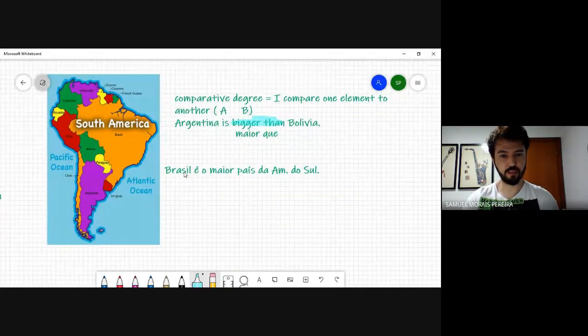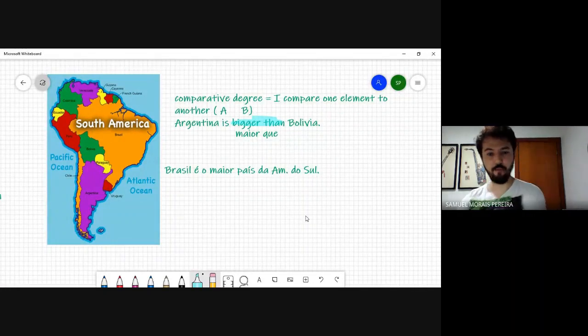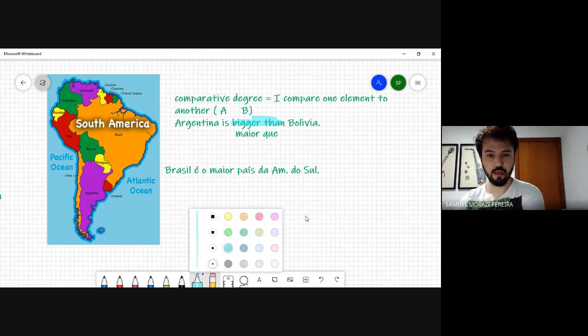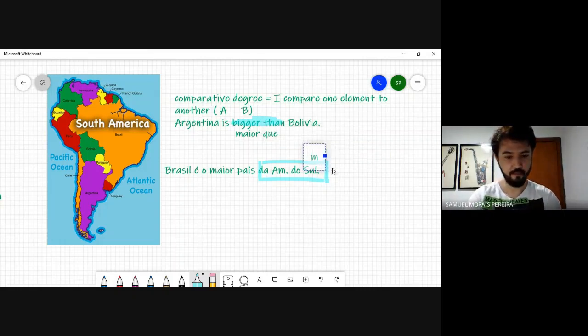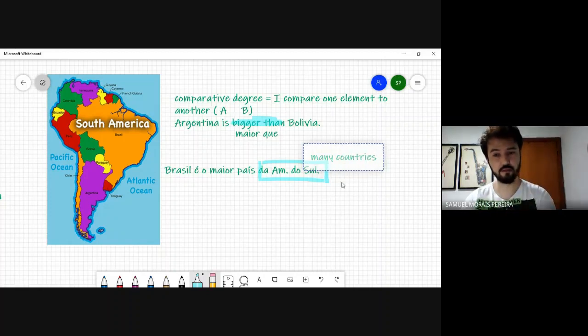Quando eu digo Brasil é o maior país da América do Sul, when I say América do Sul has lots of countries, okay? So here I have many countries. I don't have just one element. This is what I am trying to say. Eu não tenho apenas um elemento aqui. Eu tenho vários.